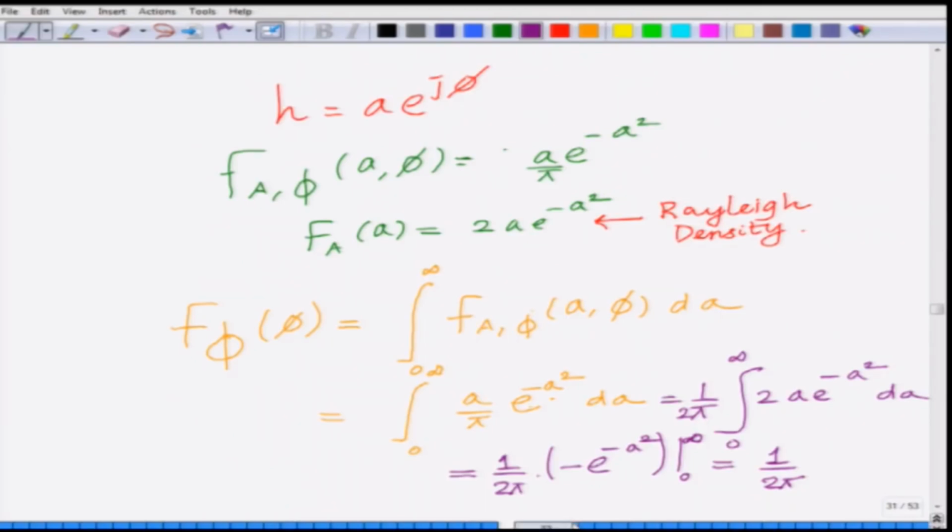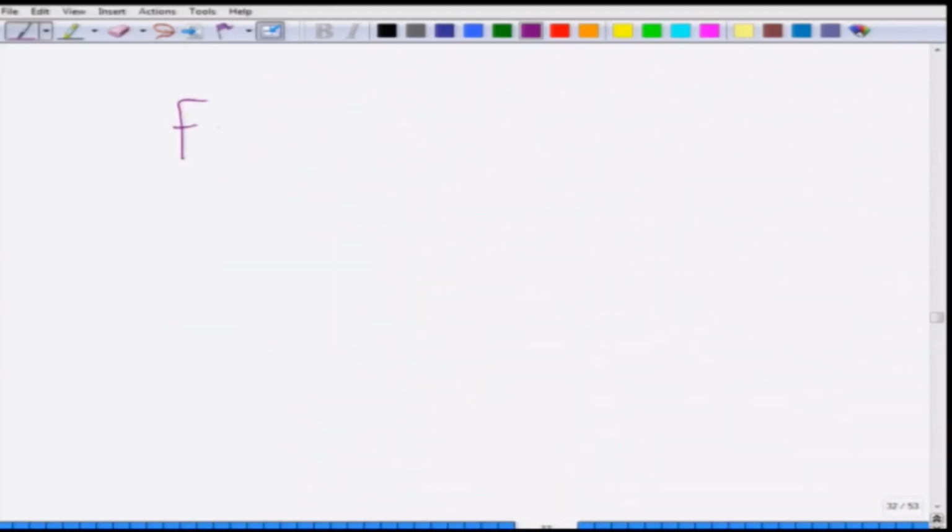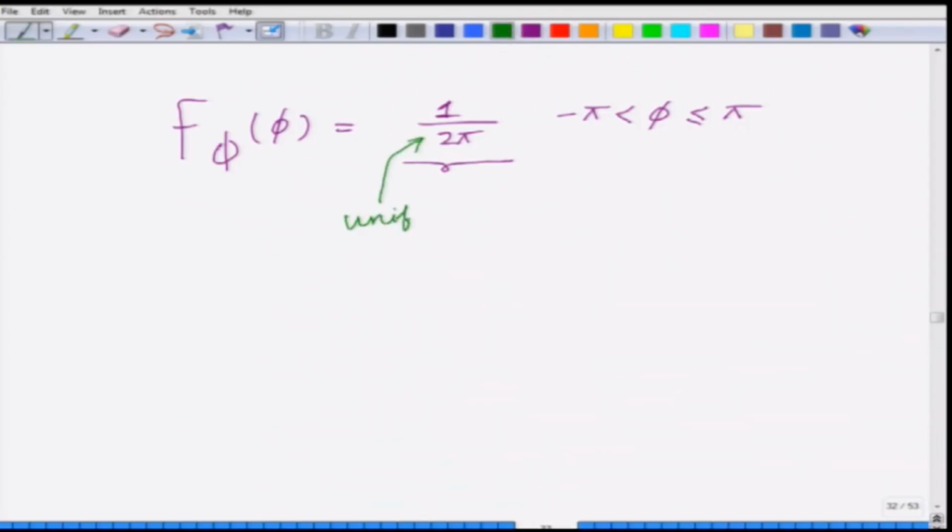Therefore, the distribution of the phase, f of phi, equals 1 over 2 pi between the limits for the phase, minus pi less than phi less than or equal to pi, which means this is a constant, and this is the uniform density.